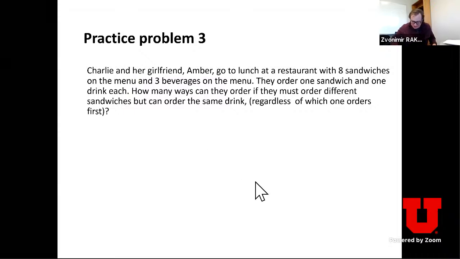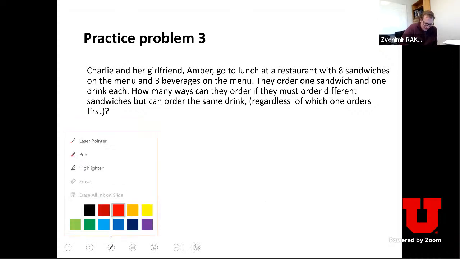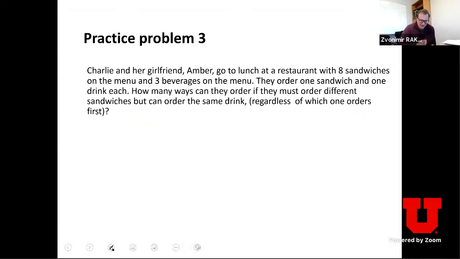Okay, so let's do this. Like I said, I'm going to count the number of ways we can choose sandwiches first, and then drinks. And then I'm going to use the rule of products to get the total number of different orders.